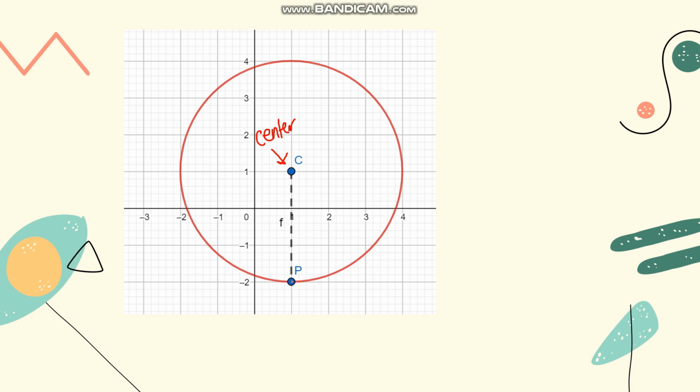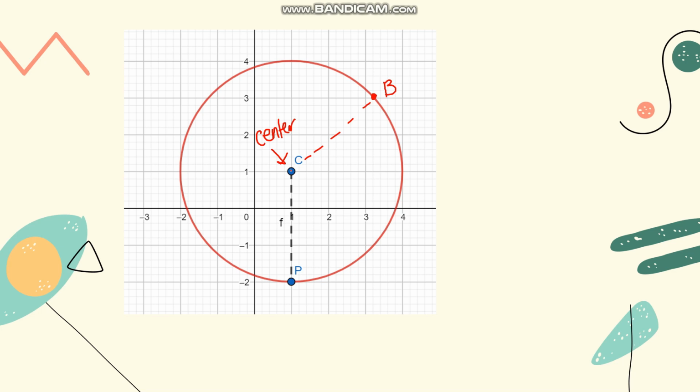So we can identify the distance of P to C. If we get another point, point B, it will also have the same distance going to point C. Just remember that a circle is composed of points having the same distance to the center of the circle.